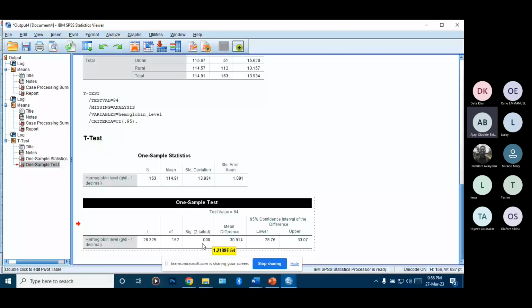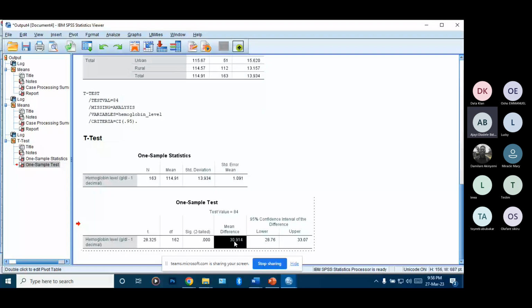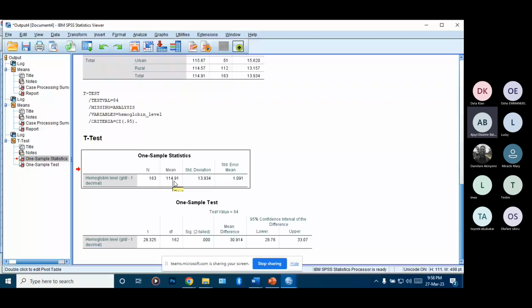Before we make our decision, the main difference here is the difference between the hypothesized mean, which is this, and the original mean of our sample, which is this. That's the main difference.